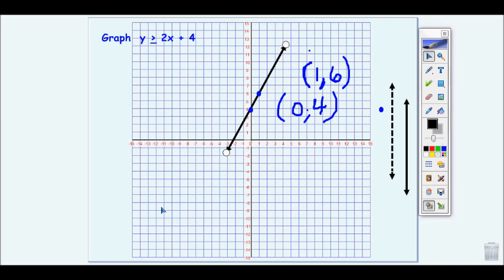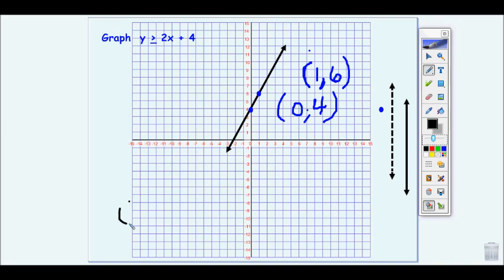So again, the easiest point to choose is 0 because it makes our math very easy. So I'm going to check 0, 0, or the origin. I'm going to substitute 0, 0 into my equation. So 0 for y.